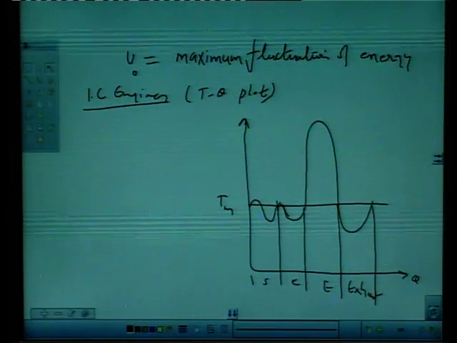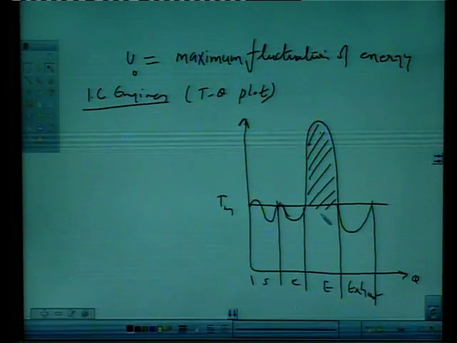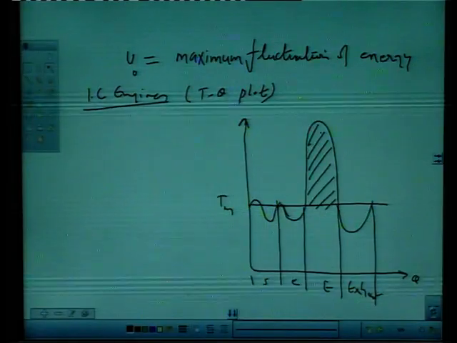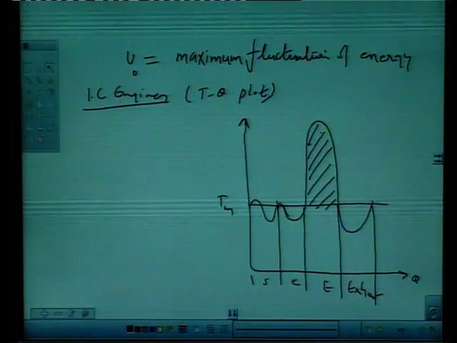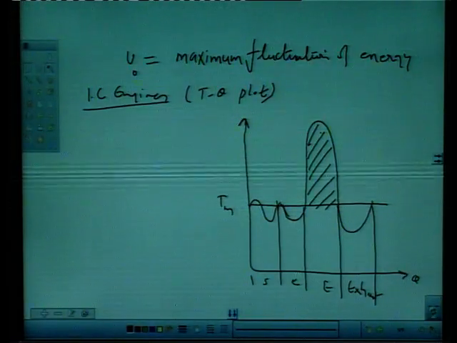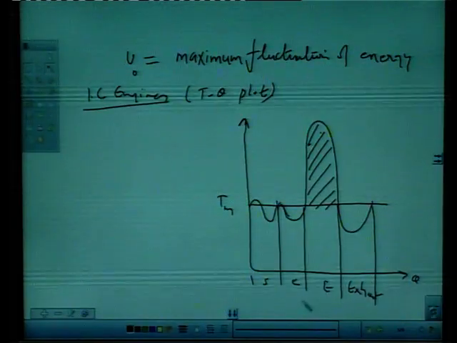So, if this is a mean torque, then this much energy is provided in the expansion stroke or working stroke, and we will get the maximum fluctuation of energy during one cycle, right.